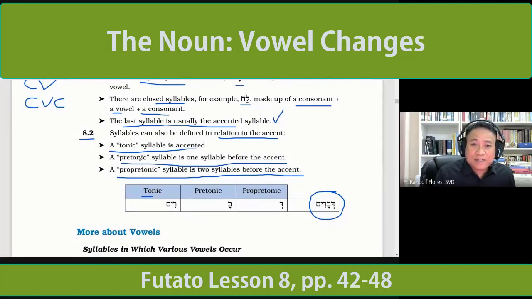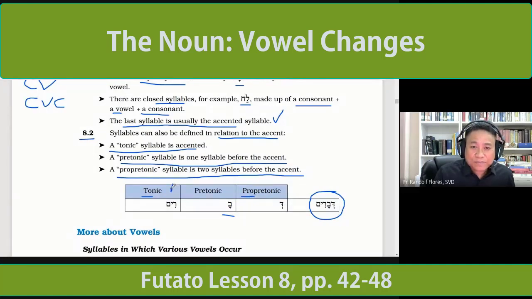Now, 1 syllable before the accent is called pretonic. Okay, before the accent, pretonic. And 2 syllables before the accent is called propretonic. So, where is the pretonic here? It is va. And the propretonic is de. So, devarim, devarim.